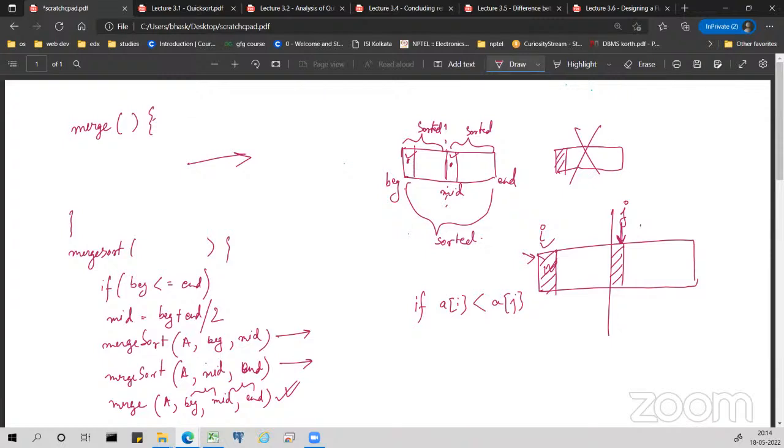We would not do that. We would somehow edit the AI only, AI equal to something. Now this something should be planned in a way that if you require this value AI again, even after modifying, you can do a simple operation and get back the previous AI.